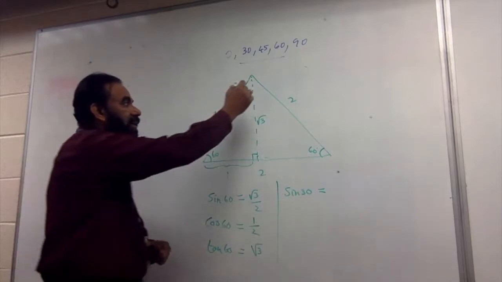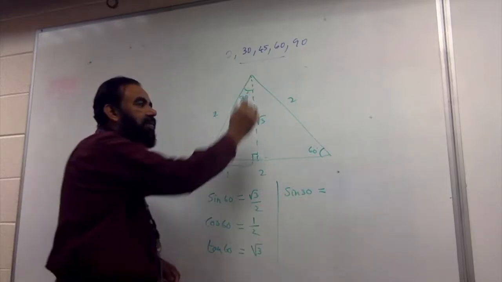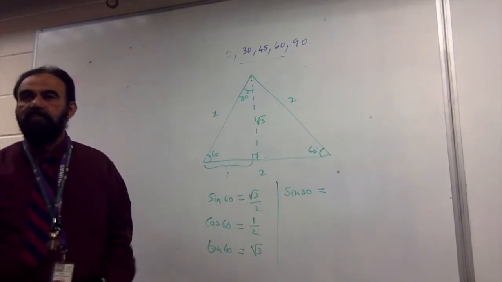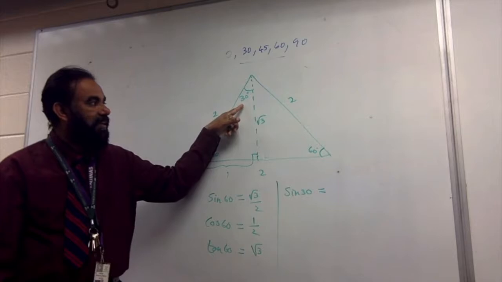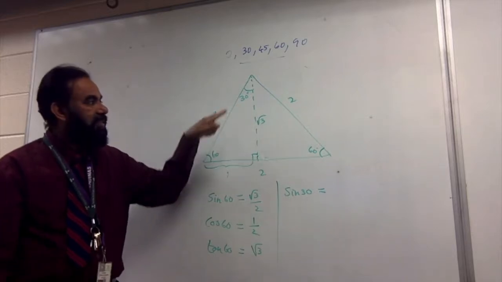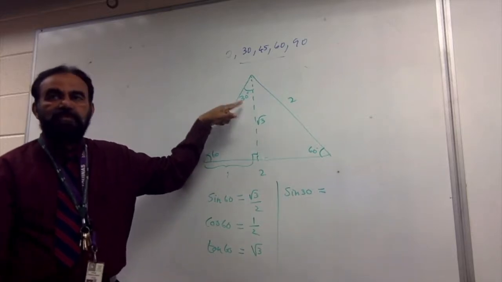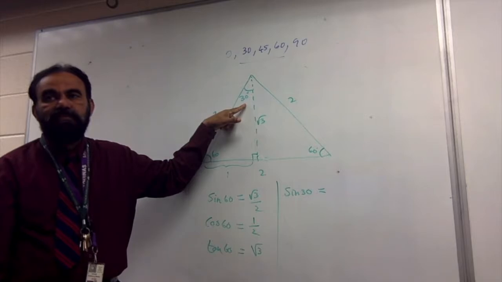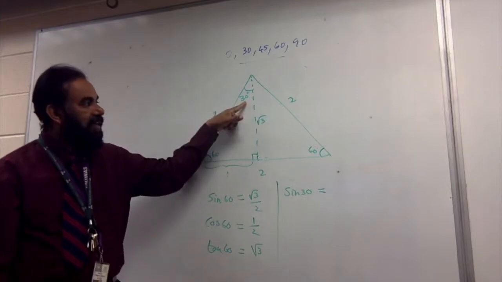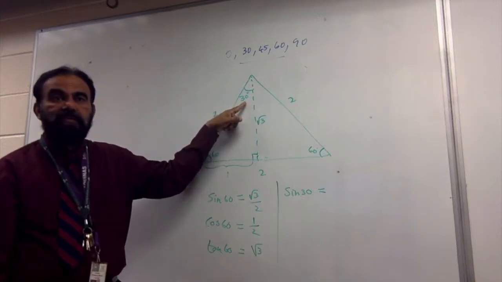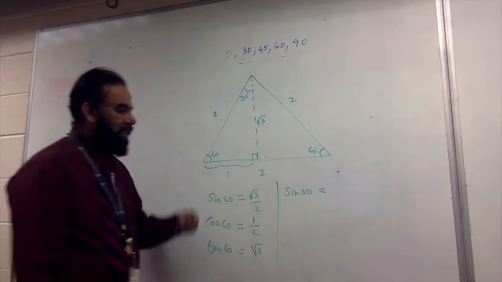Same way, sine 30. Now that is your angle 30, because you split it into 2, right? So for this angle 30, what is sine 30? For this angle, where's the opposite side? And where's the adjacent side? Radical 3. So keep that in mind.